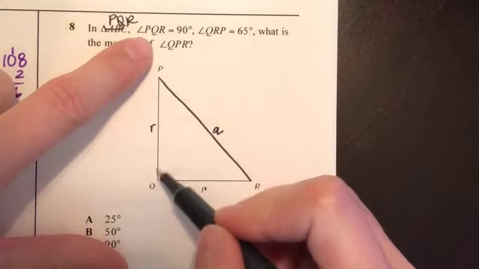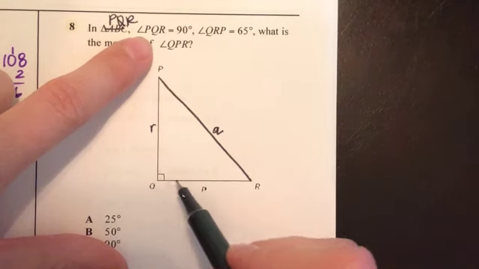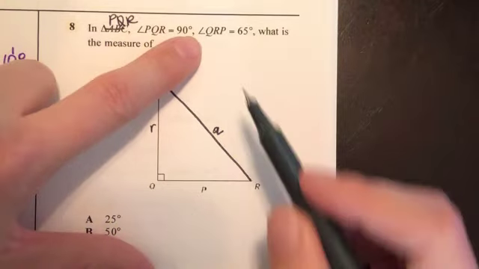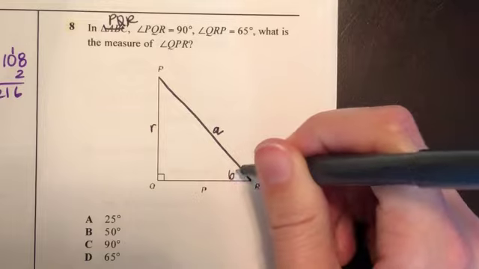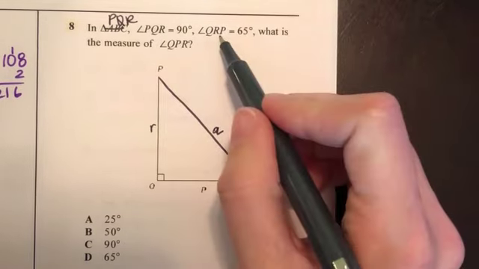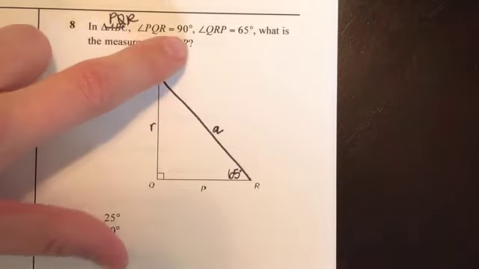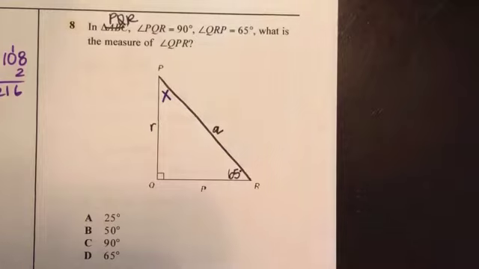Angle PQR is 90 degrees, and that they already give us. That's right here where they show that 90-degree symbol. So that angle is 90 degrees. Angle QRP, which is this one here, is 65 degrees. That's what this means. And they want to know the measurement of angle QPR. So QPR is this angle here.